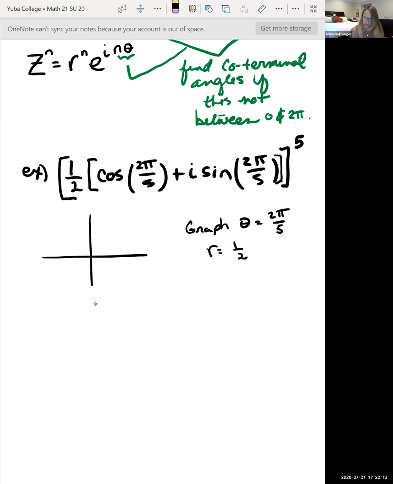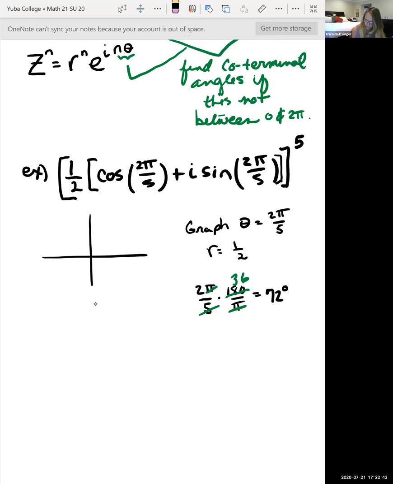If you're not exactly sure where that is, we can convert this into degrees. We know that 2 pi fifths times 180 over pi is going to give us the degrees. The pi's cancel, and 5 goes into 180 36 times, so this is 2 times 36, which gives me 72 degrees.